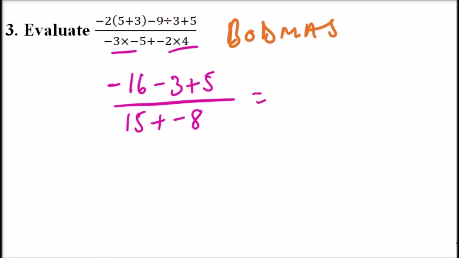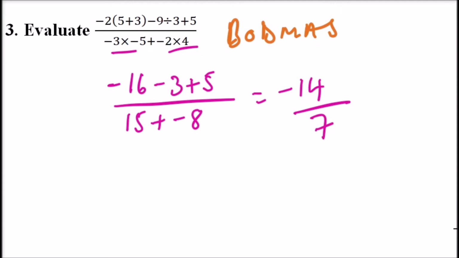Now we come to addition. Minus 3 plus 5 should give you 2, and minus 16 plus 2 will give us minus 14, divided by 15 plus minus 8, that will give us 7.